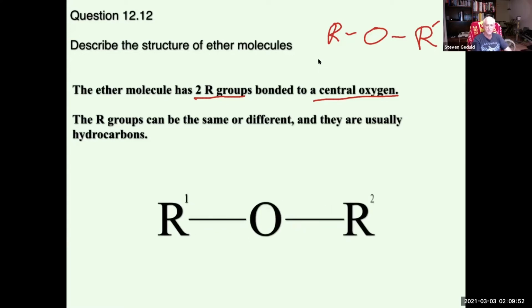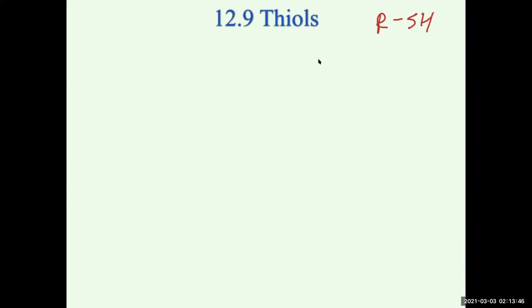Okay. Thiols are compounds containing a sulfur, an SH bond. Instead of the alcohol, which is ROH, now you have thiols, which is RSH. So instead of the oxygen, you have a sulfur group. That's a thiol. They have the formula RSH.